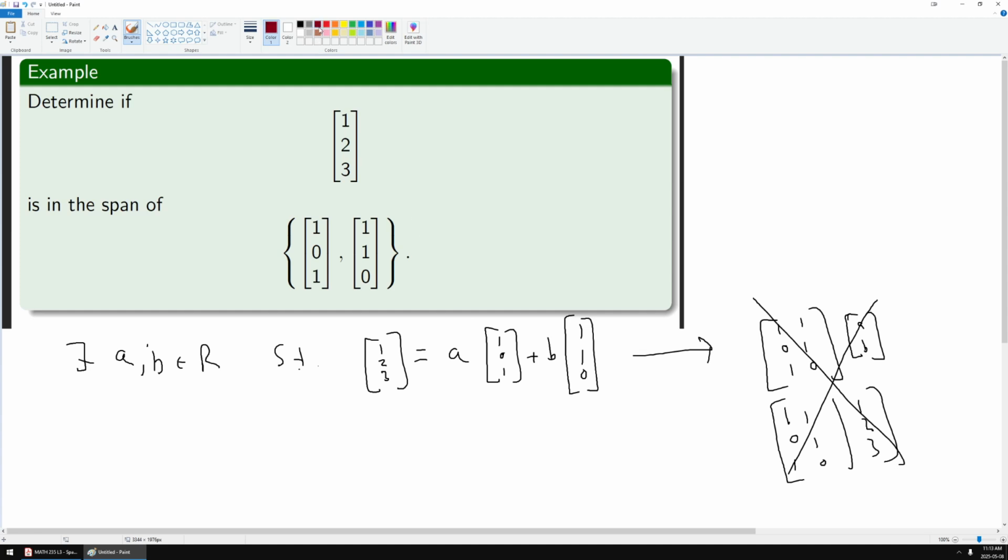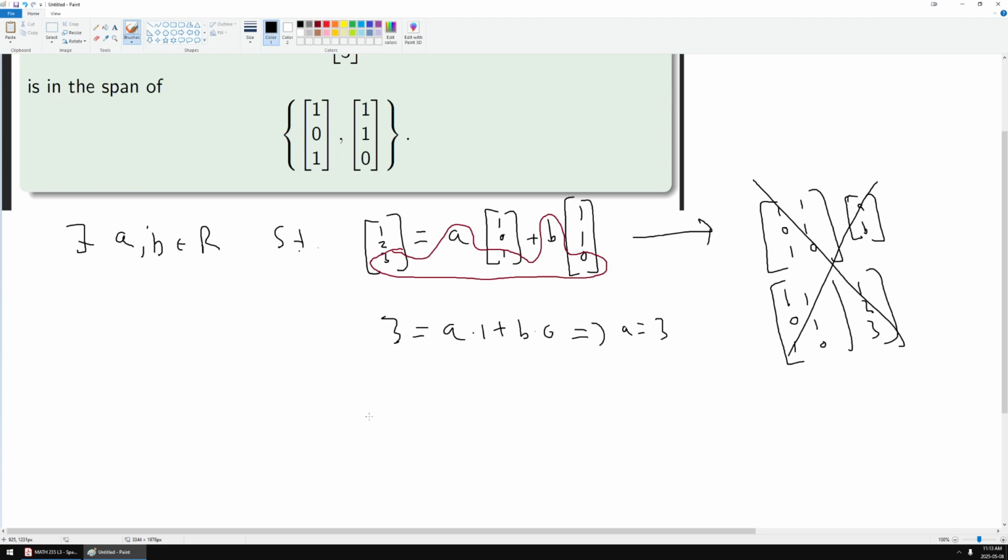If I look here at the third component of the equation, if you will, this equation individually reads out 3 is equal to A times 1 plus B times 0. This just tells me A is 3. Now, if I use this fact, I can rewrite the problem. 1, 2, 3 is equal to... if I multiply this by 3, I get 3, 0, 3 plus B times 1, 1, 0.